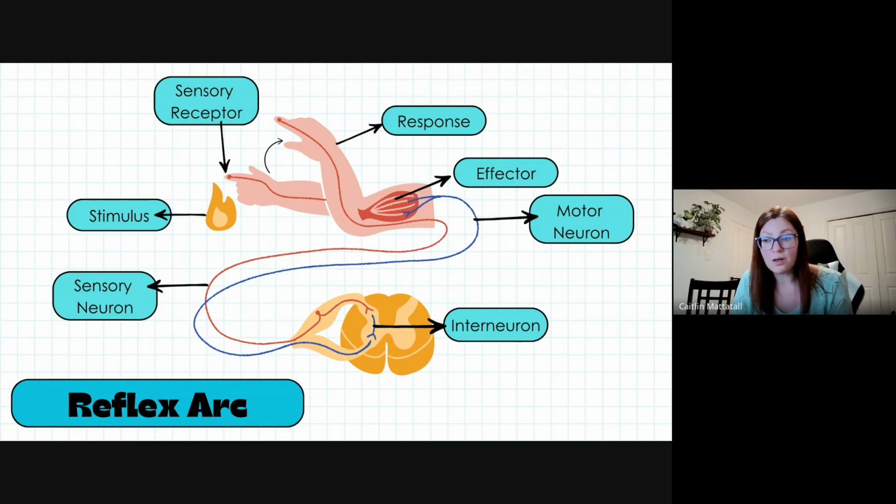And with the lab tomorrow, you guys are going to be testing each other's reflexes. So you're going to be testing the knee reflex, the one where you hit each other's knees and cause the foot to kick. We're also going to be doing an Achilles reflex. So if it's possible to not wear boots tomorrow or super high backed shoes, that would be awesome, because we need access to your ankles.